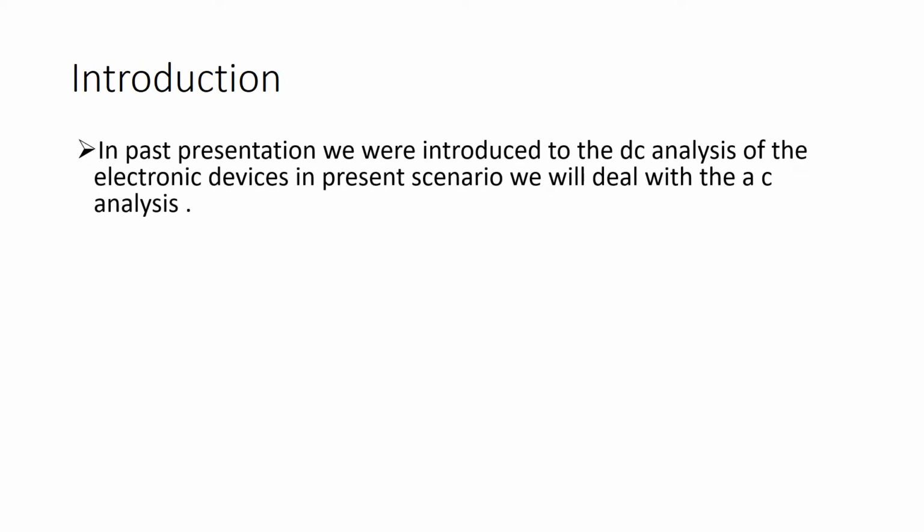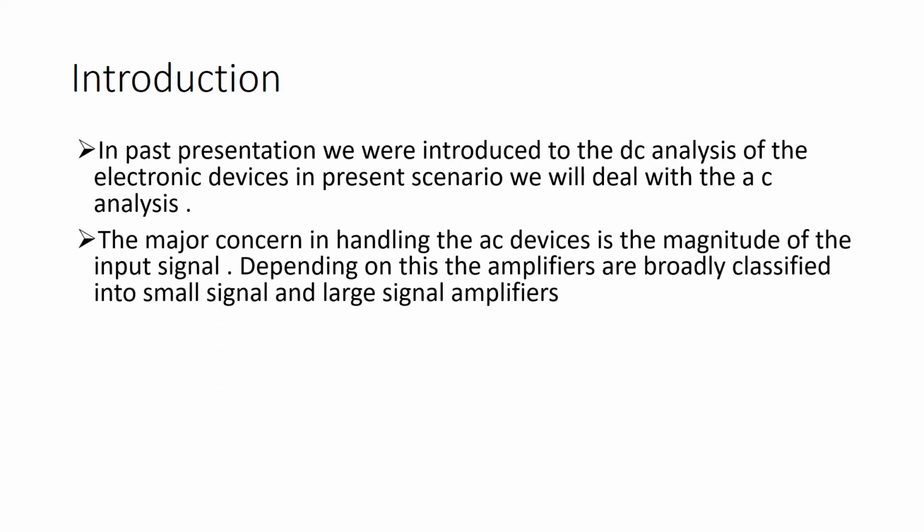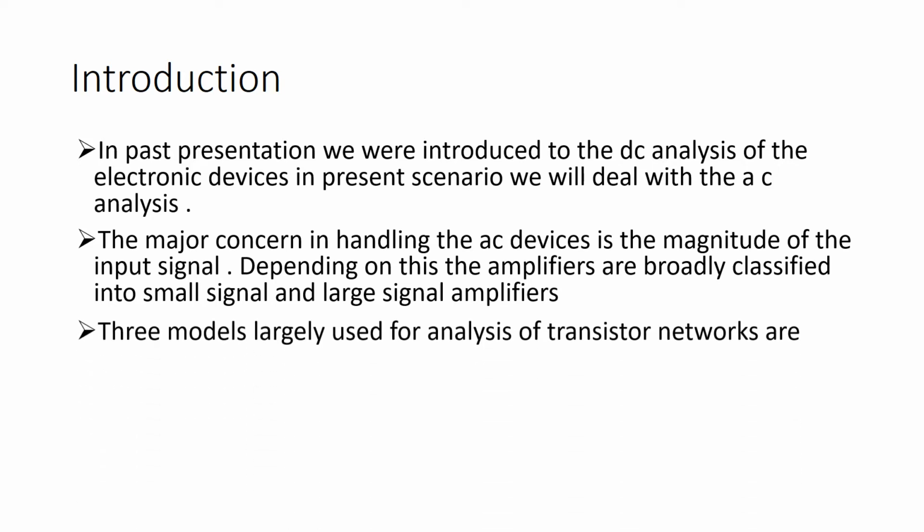Introduction. In the past you had seen the DC analysis of electronic devices, and in the present case we'll be dealing with AC analysis. The major concern in handling an AC device is the magnitude of the input signal. Depending on this, amplifiers are broadly classified into small signal and large signal amplifiers.